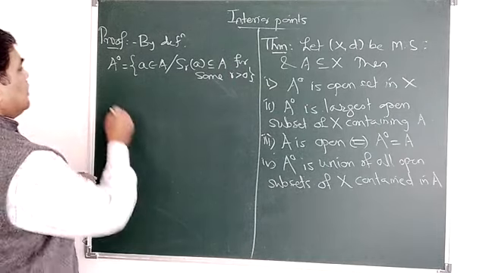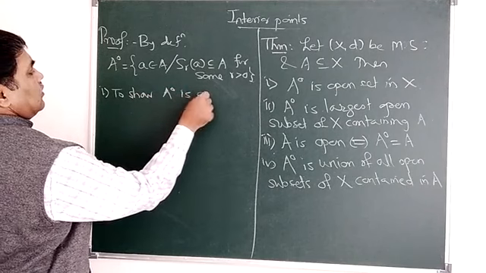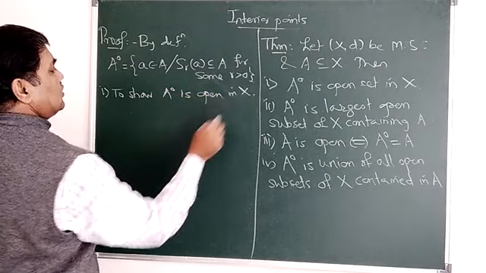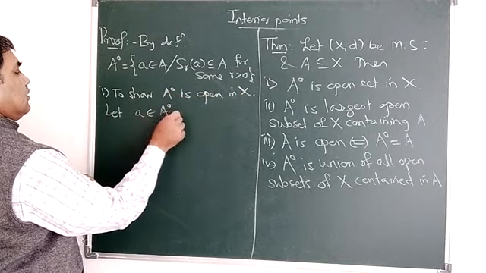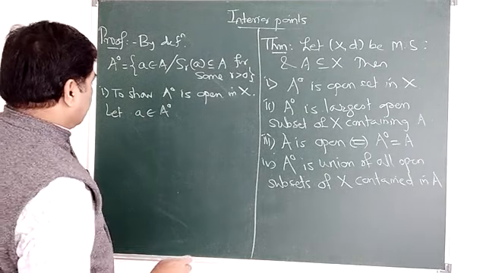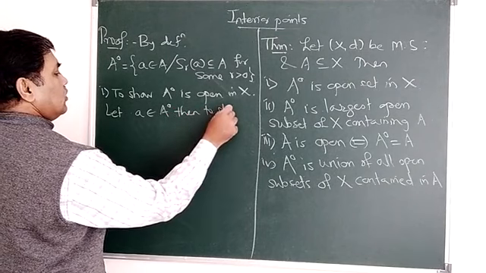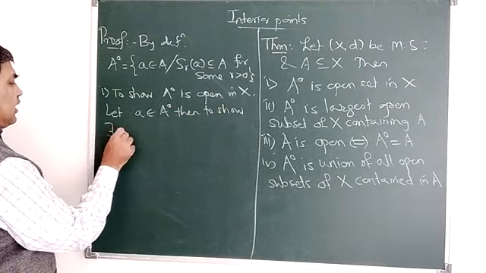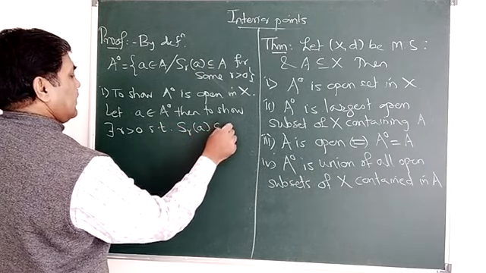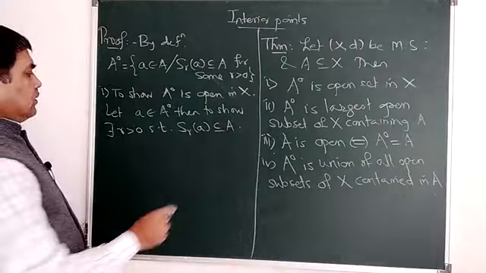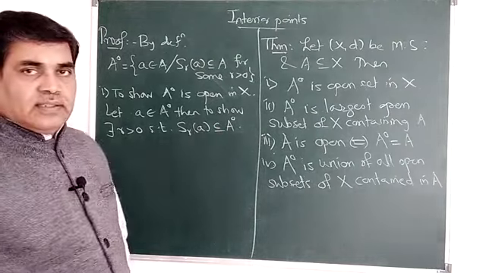So first, to show A interior is an open set. Let a belong to A interior. Then to show there exists r greater than 0 such that the open sphere about a is a subset of A interior, that is, S_r(a) is contained in A interior.